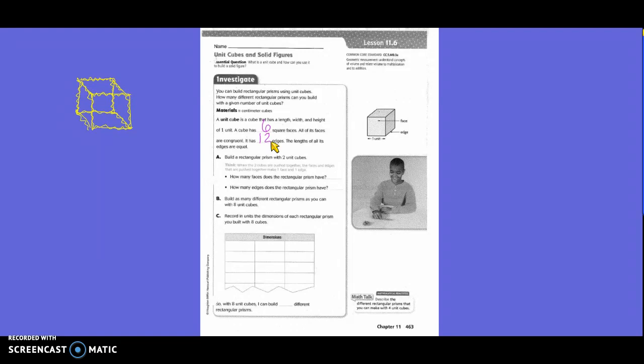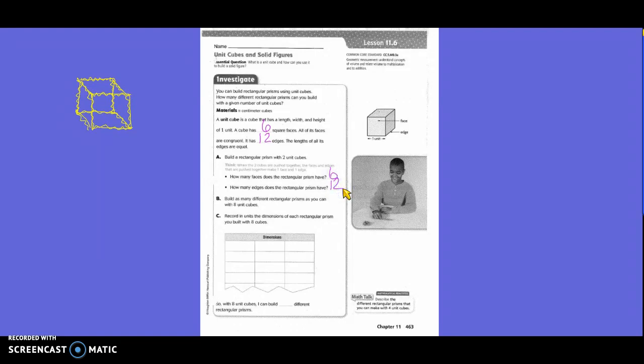You have 2 units that became 1. So you have 6. So now you just have a rectangular prism. It's like the cube, only it's a rectangle, not a square, for a couple of the faces. So 6, and then how many edges does your rectangular prism have? 12, right? Basically, we're just dealing with a rectangle and not a square anymore.